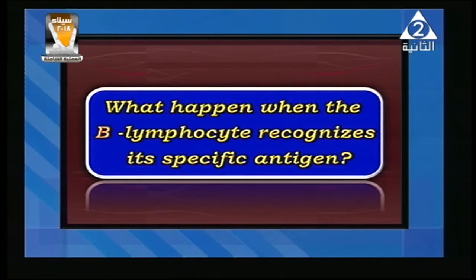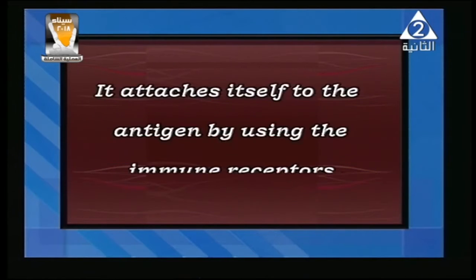But what happens when the B lymphocyte recognizes and collects information about its specific antigen? It attaches itself to the antigen. So number one is attachment, by using what? By using the immune response.